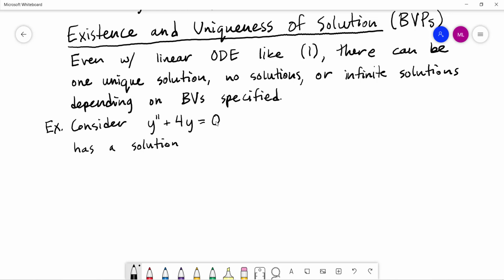What that means is that this piece must cancel out this piece, right? So if I'm adding in this term and getting 0, this piece over here must be the opposite of this piece. I could literally just algebraically move this term to the other side, and I'd say that y double prime is equal to negative 4y. The idea here is I'm looking for a function that when you take a second derivative turns into the opposite of whatever it was originally.